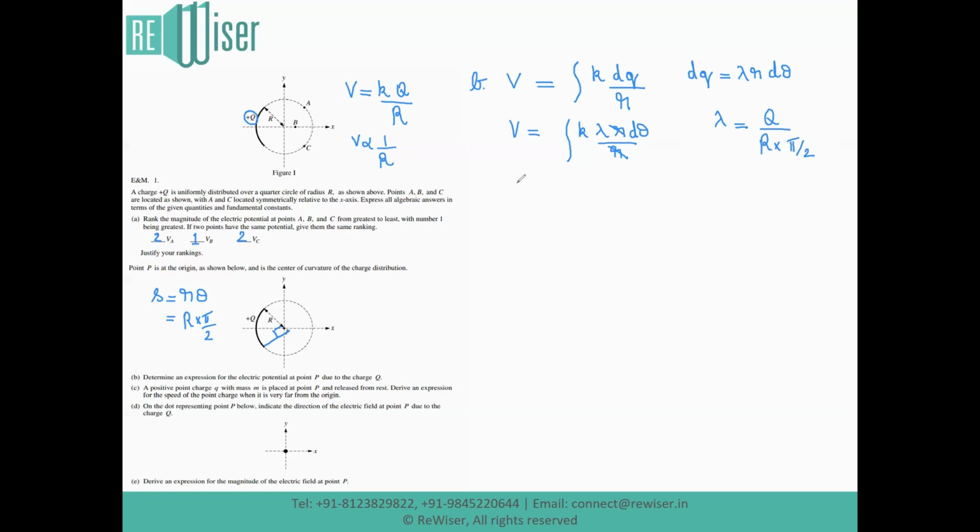Substituting this in the integral, we have potential V equals integral under the limits 0 to pi by 2, as potential V is a scalar, of K into capital Q d theta divided by R into pi divided by 2.